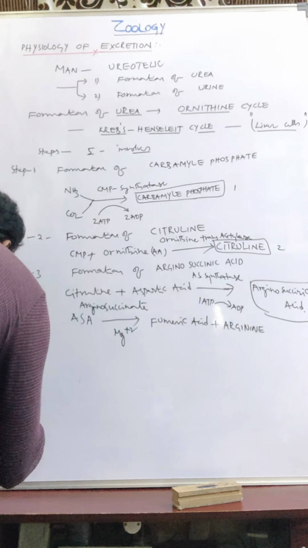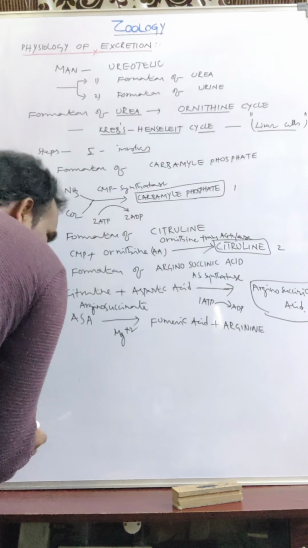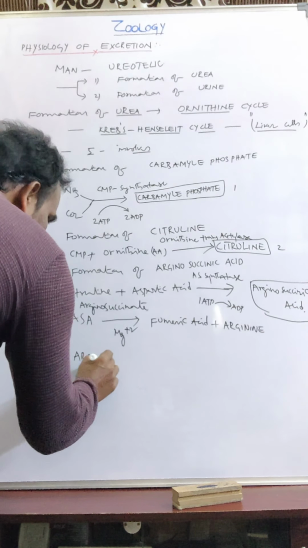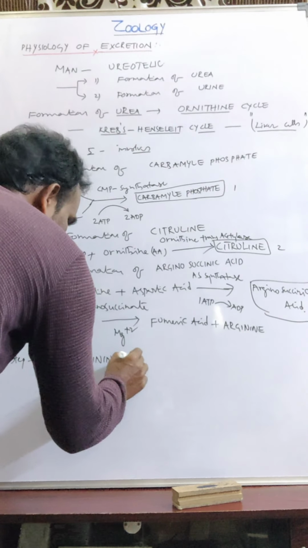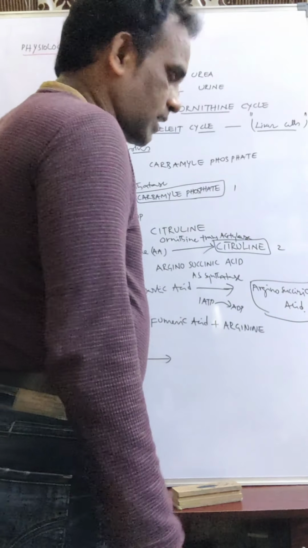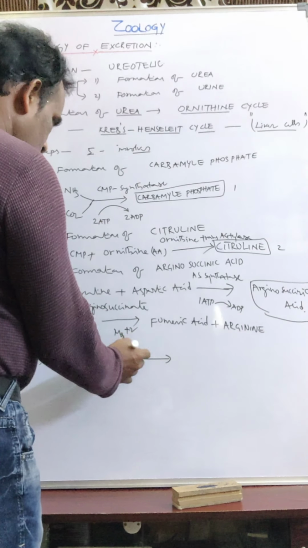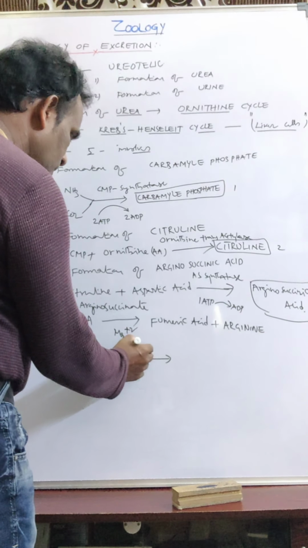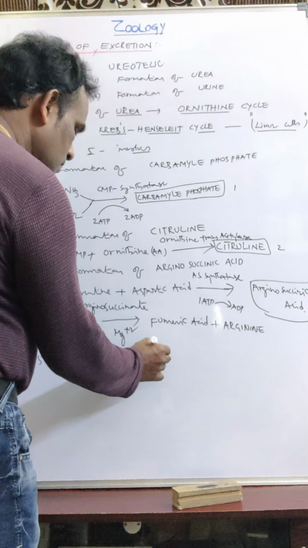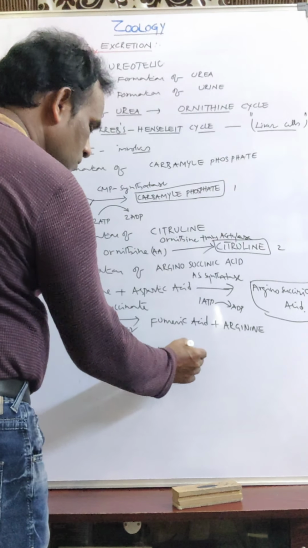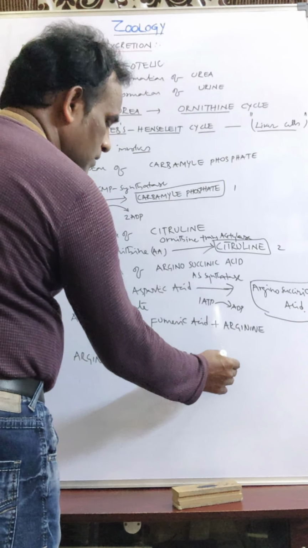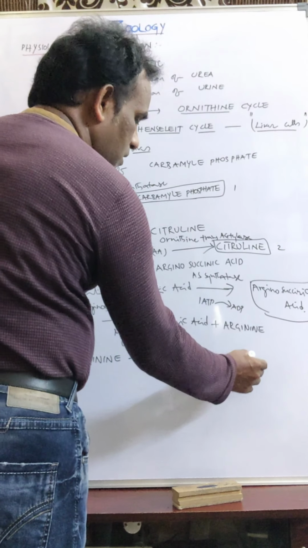Now coming to step number 5, the last step. Arginine is catalyzed and splits, in the presence of the enzyme arginase, into ornithine and urea.